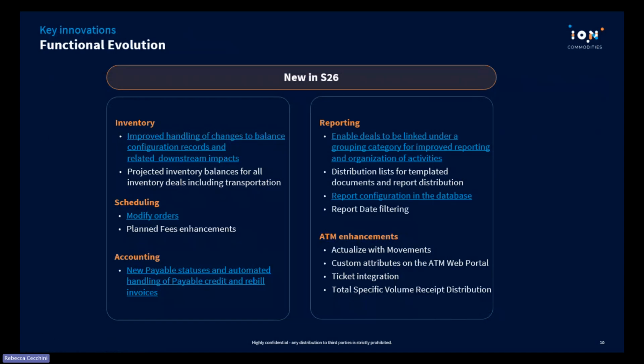Okay, in addition to that, we've further extended the capability with distribution lists. This was first introduced in S25 with the ability to maintain those distribution lists for sales invoices when you're distributing those.